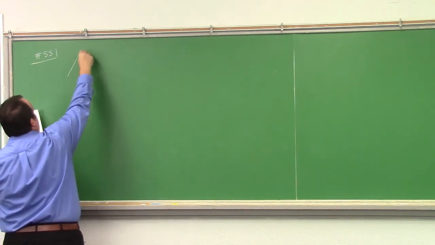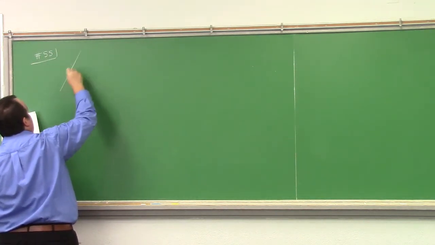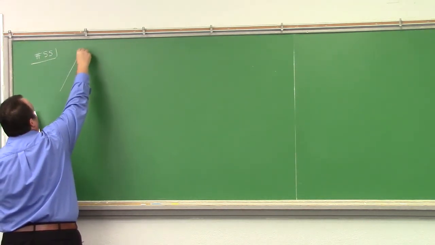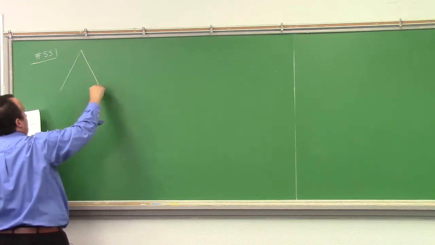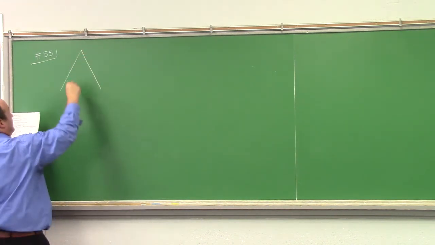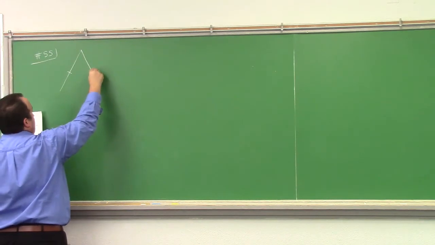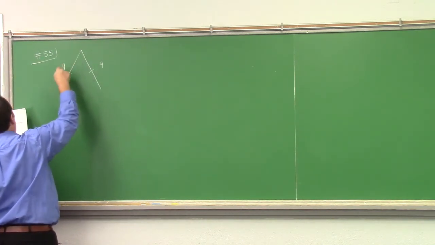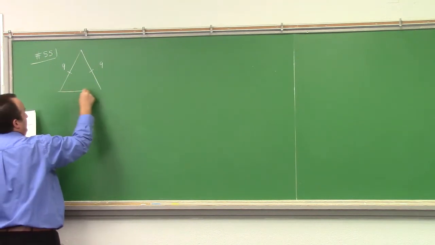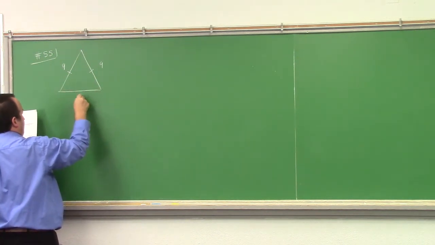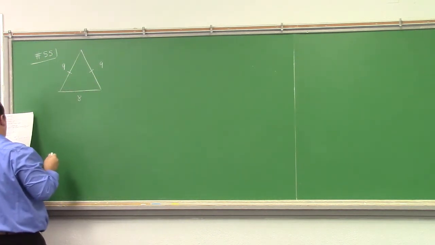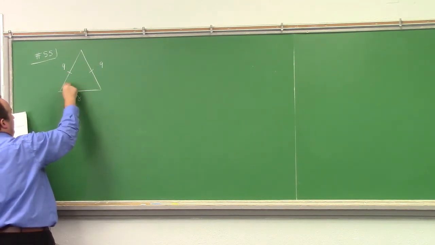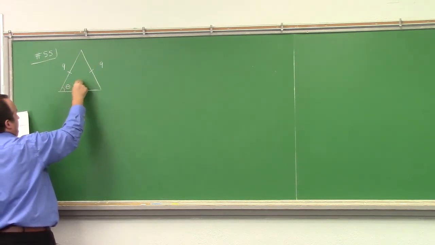All right, so we're told that we've got this isosceles triangle. What does isosceles triangle mean? Yeah, two sides are congruent. And we're told that they have length 9. And we're told that the base down here has length 8. And then the question is, theta is what?